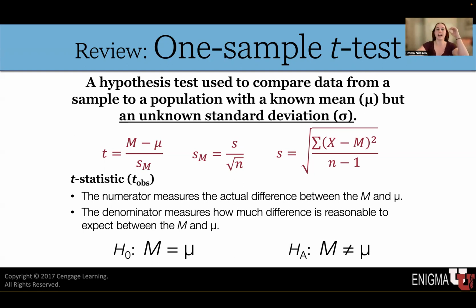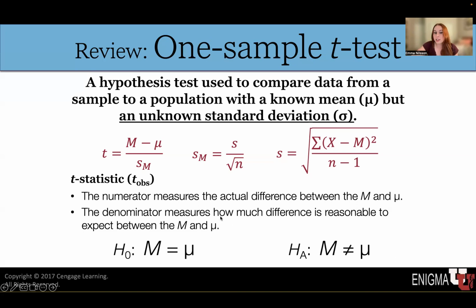So we use the t-test, which instead of the population standard deviation, uses the standard error to calculate our statistic instead. If you remember, the t-statistic's job is essentially to form a ratio between the actual difference between our sample and population means and how much difference is reasonable to expect between our sample and our population means.